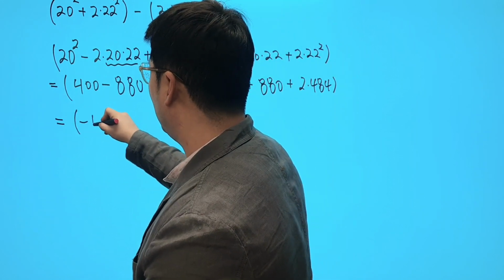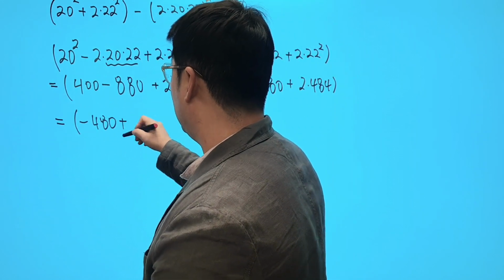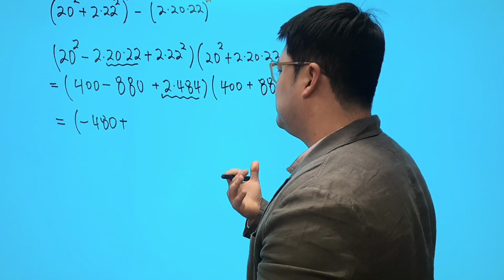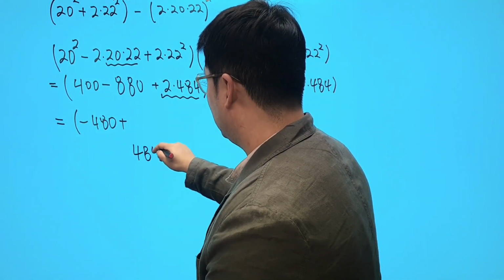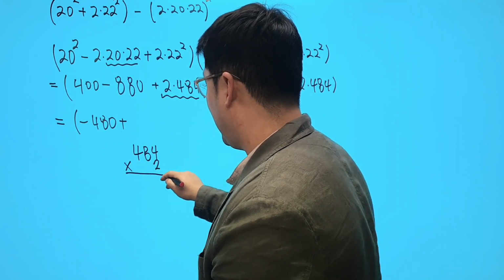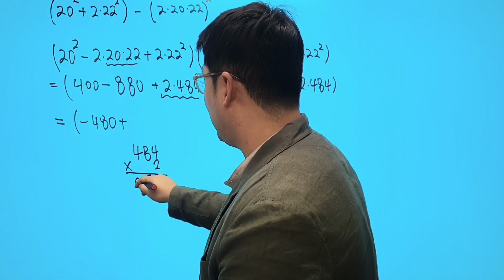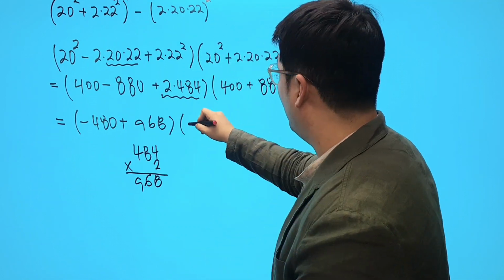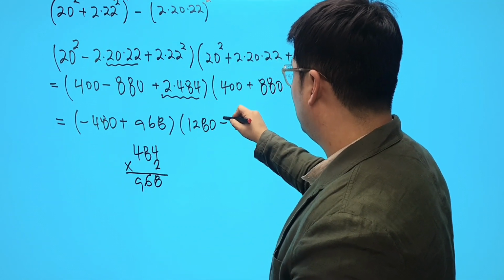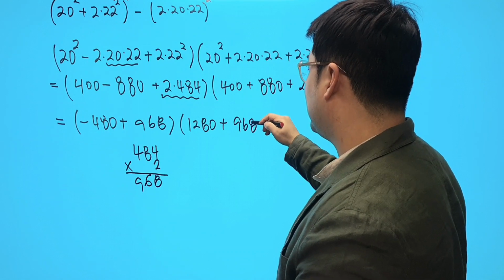We have negative 480, and I need to add 2 times 484. What's that? I'm really bad at arithmetic. Multiplying it out, we get 968, and we have 1280 plus 968.